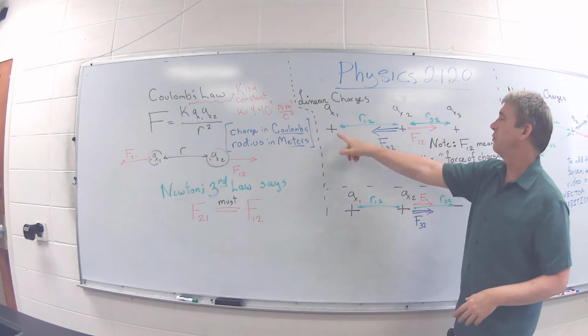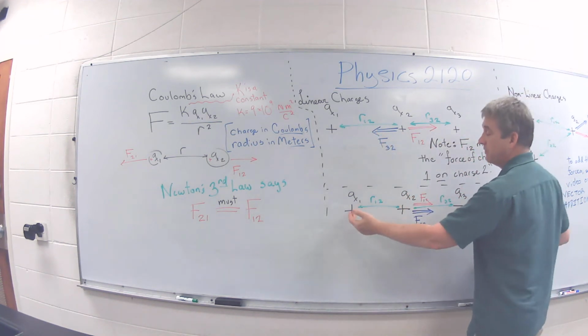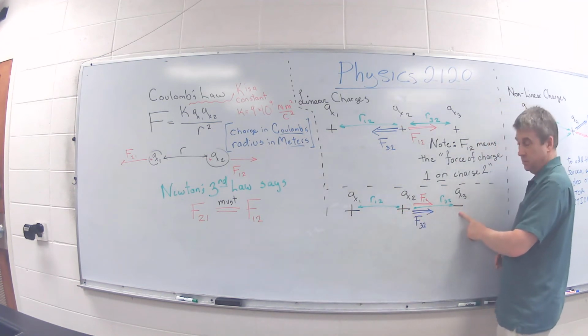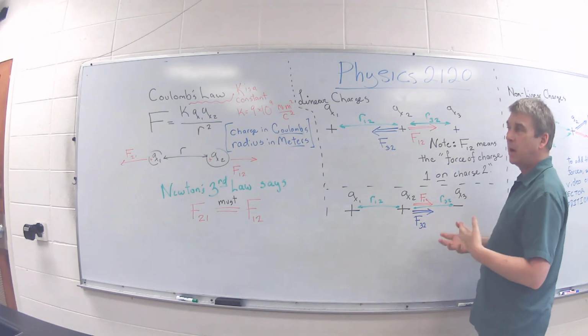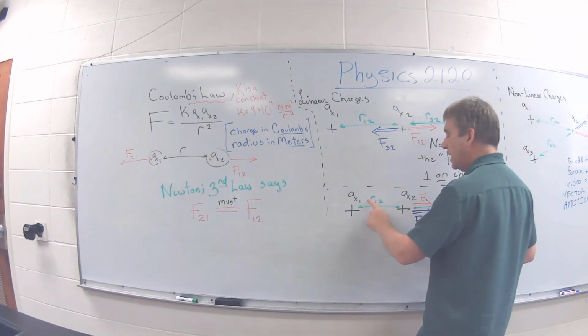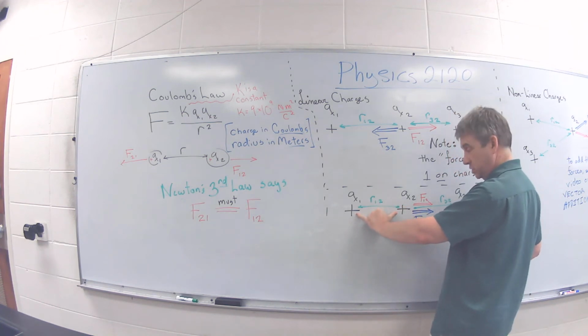Now, these are three positive charges in a row. So you can imagine, what if instead we have a positive charge and a negative charge? Now again, keep in mind how we're using Coulomb's law. We have radius 1,2. That's the distance between charge 1 and charge 2.